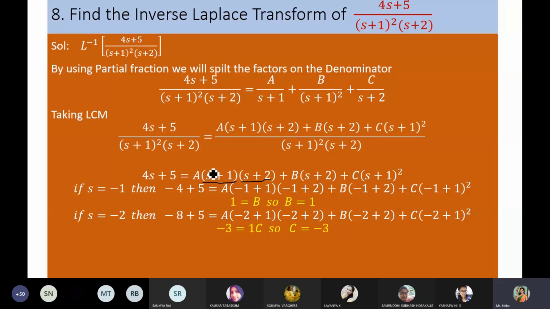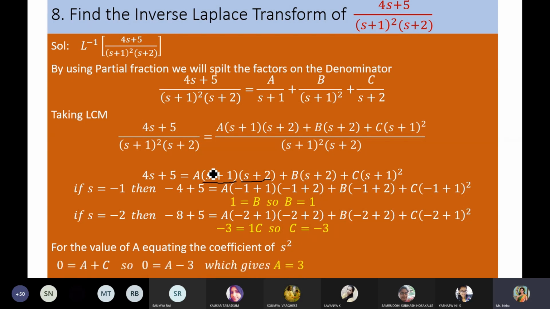So for the value of a, I have equated the coefficient of s square from both sides. You can do anything: put s equals 0, compare the constants, or compare the coefficient of s from both sides. You just have to get the correct values of a, b and c.